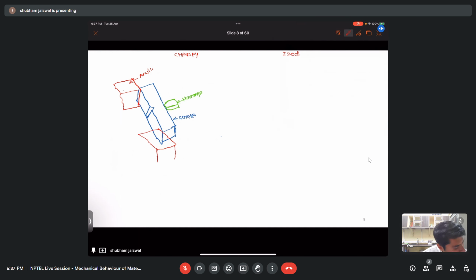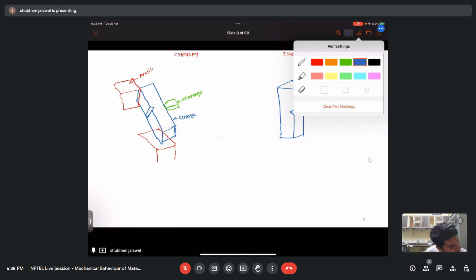Now if we see about the Izod, let's say this is my sample and I am holding it.